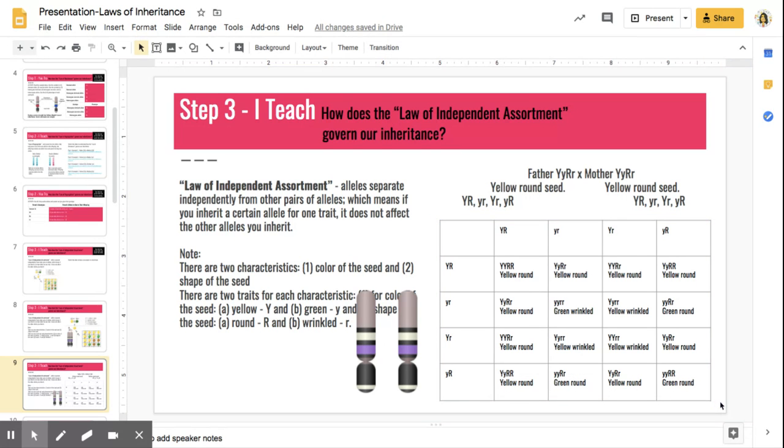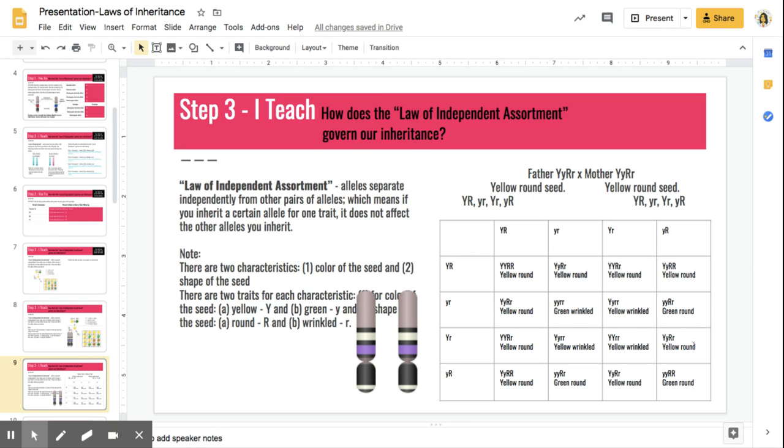So if you have heterozygous, then you have a lot of possible genotypes, but there are only four possible phenotypes. It could either be yellow round or green wrinkled or yellow wrinkled or green round.